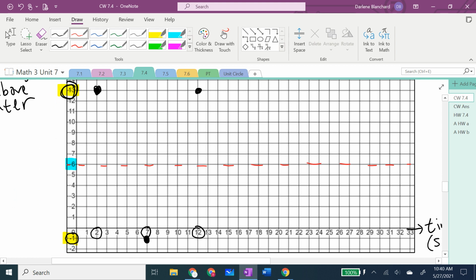And what times should I be located at that midline? I'm at my highest point at time 2. I'm at my lowest point at time 7. What time is halfway between 2 and 7? It may not be the nicest number, but what is halfway between 2 and 7?